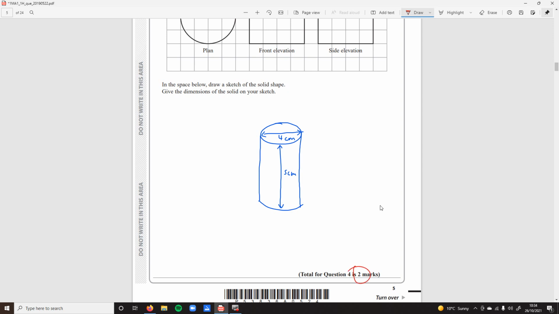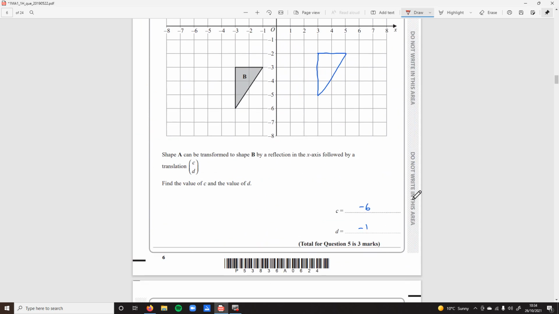Yep, that's fine, 2 marks. Actually, wait, does it say you need to write down the diameter of the cylinder, write down the height of the cylinder? So yeah, that's what that is.